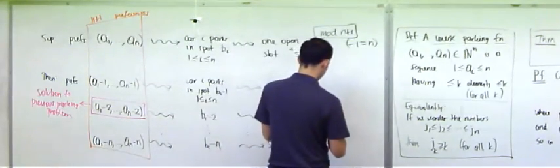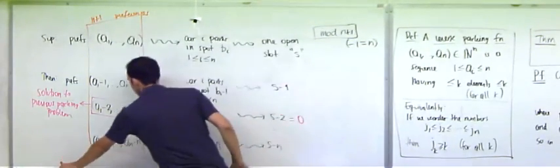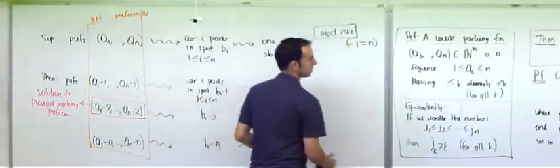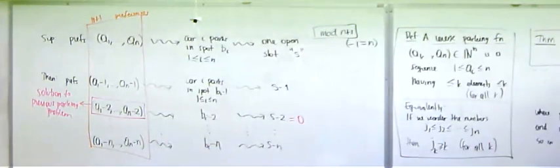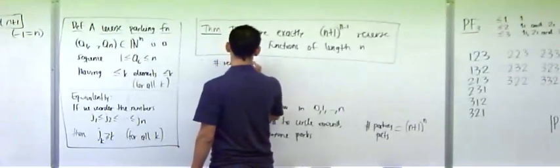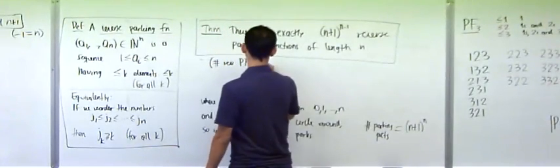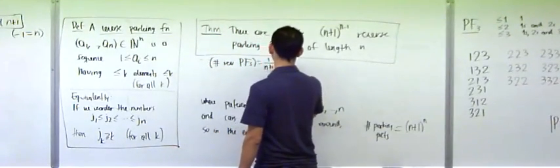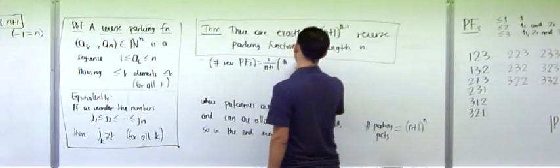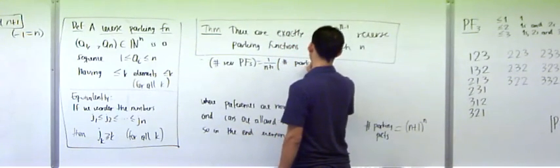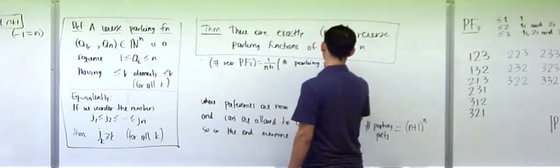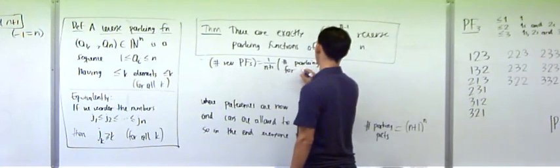So let me just write it out a little bit more carefully. That means that the number of reverse parking functions is 1 over n plus 1 times the number of total parking preferences for the circular road.